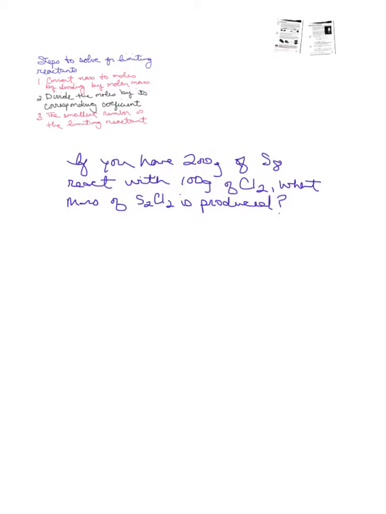Cyclooctasulfur, S8, plus chlorine. And from our balanced equation, we had 4. And that will yield 4 disulfur dichloride. All right, there's our balanced equation.